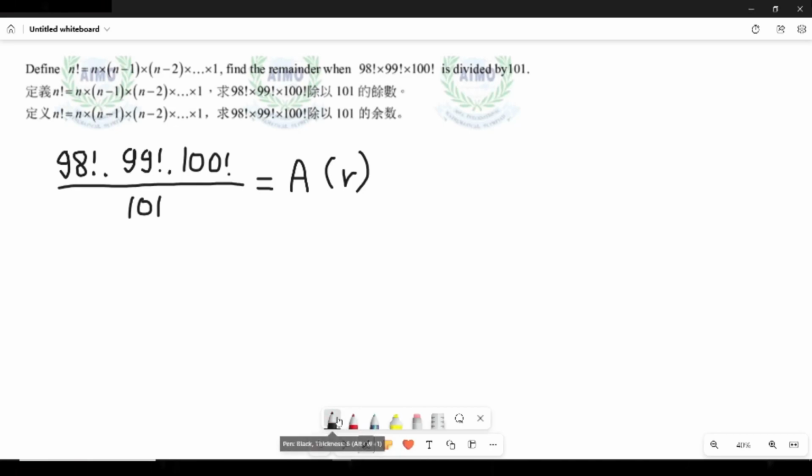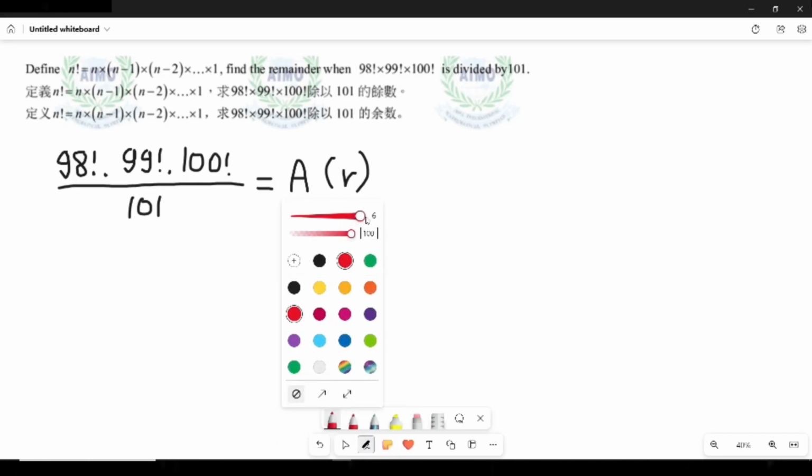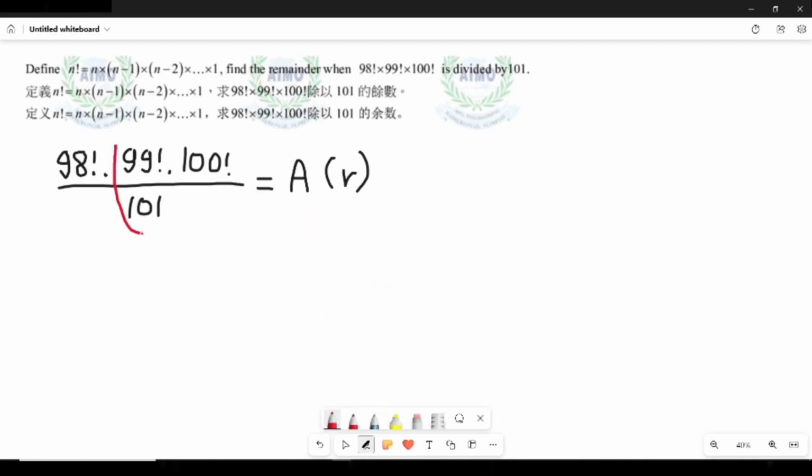So when we use the Leibniz theorem, we can say that 99 factorial divided by 101 gives us a remainder of 1, which is good for us.